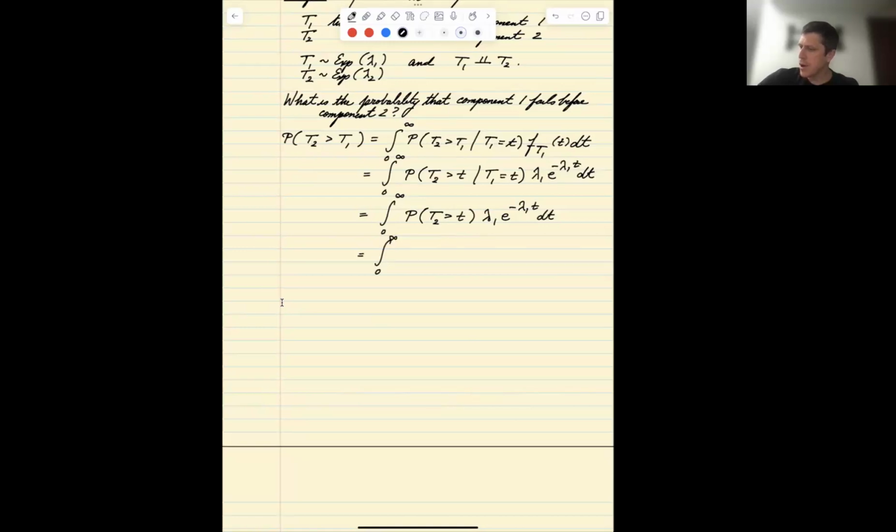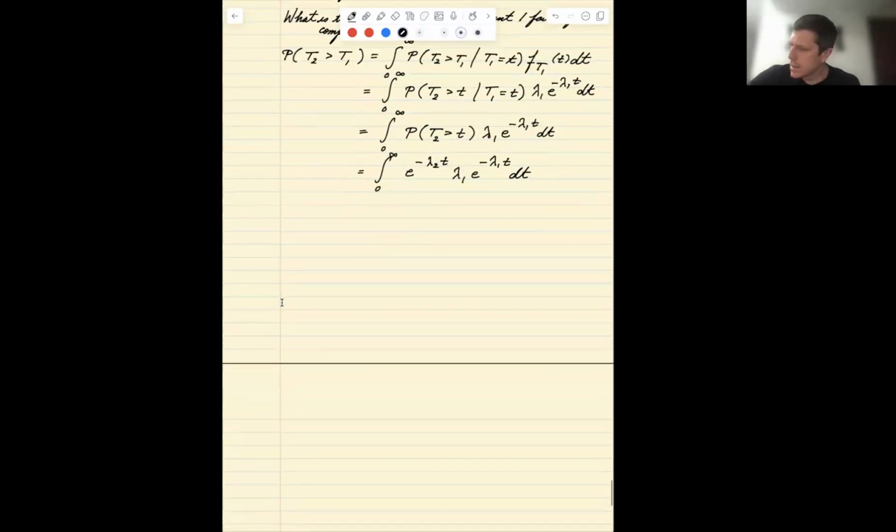And then the probability that T2 is bigger than t is e to the minus lambda 2 t. Then we have lambda 1 e to the minus lambda 1 t. Let's pull the lambda 1 out.